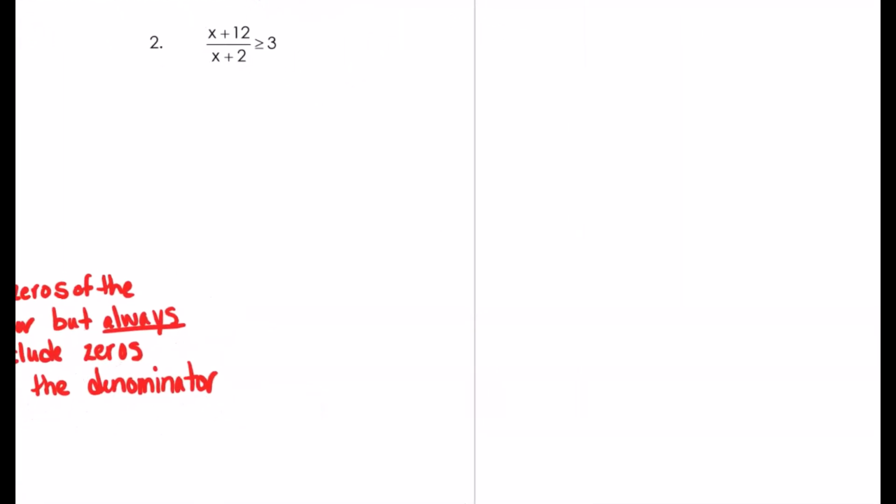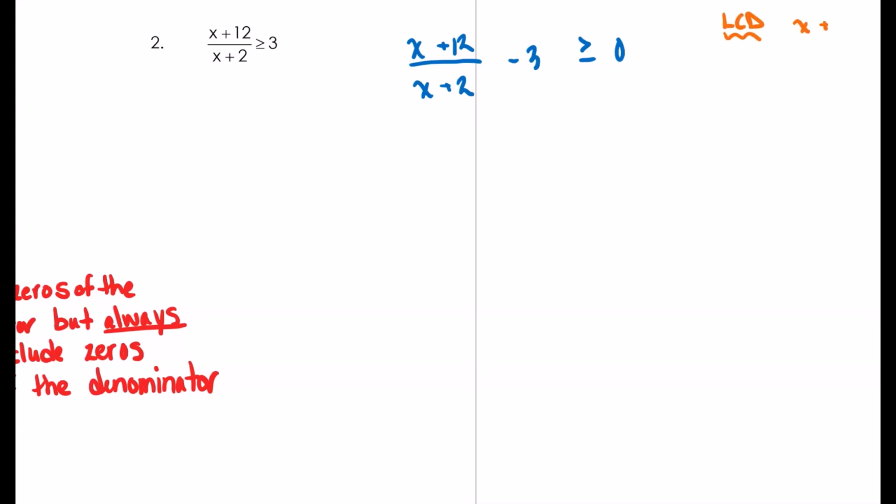All right, so number 2, I've got x plus 12 over x plus 2 is greater than or equal to 3. All right, so the first few steps here, so again, I'm going to set it to 0. Now notice that the LCD, of course, is just x plus 2. So my 3 is missing that quantity, so I need x plus 2 over itself here.